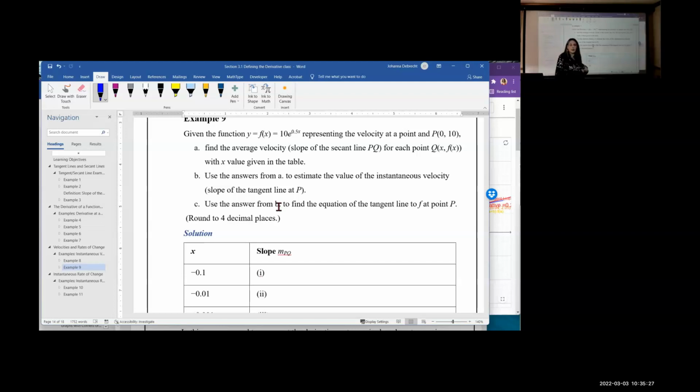Now, why are they not asking us to use the formula to find the instantaneous velocity on this particular function? Why are they not asking us to do that? Well, the problem is the function. We're not going to be able to do algebraic factoring tricks with an exponential.